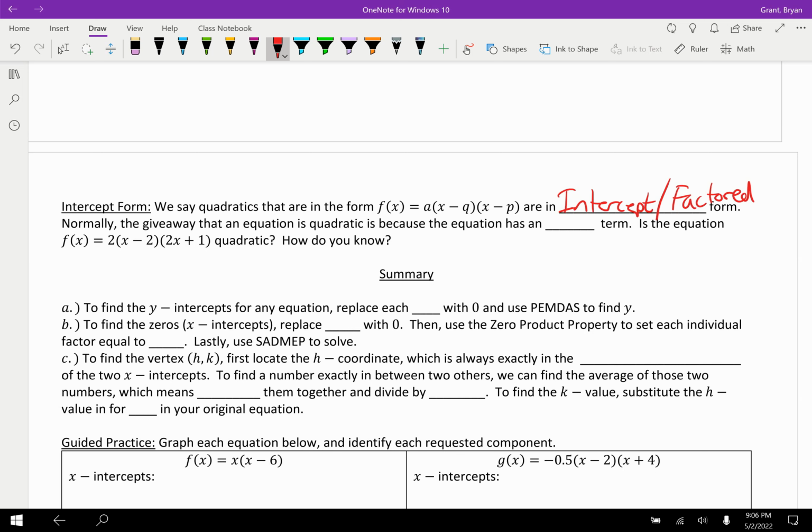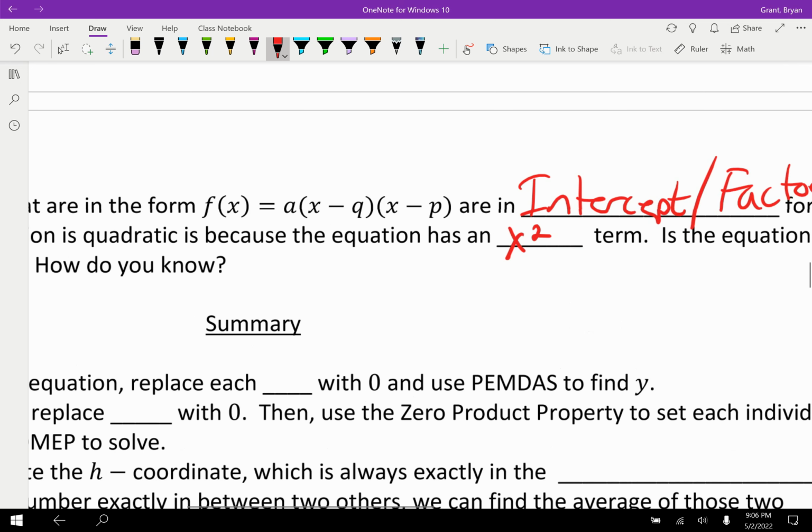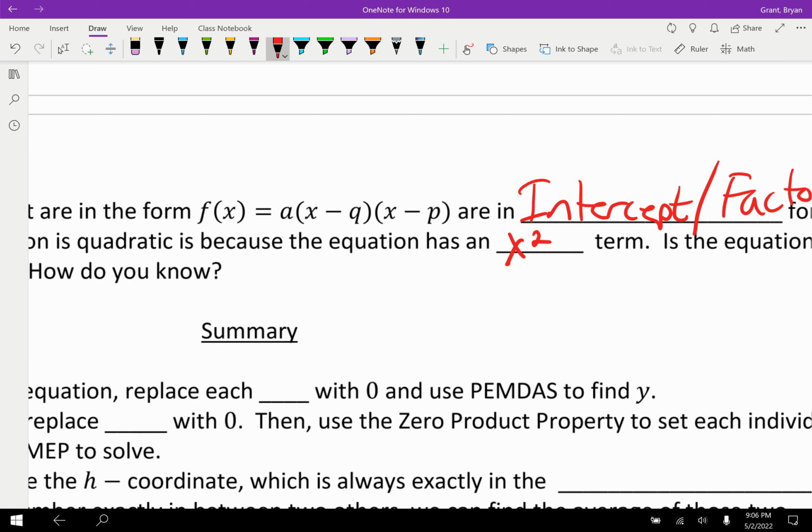Form. Now normally the giveaway that an equation is quadratic is because the equation has an x squared term. So is this equation quadratic? How do you know? Well, we just spent a long time in topic 8 discussing this form of an equation right here, this x minus q times x minus p.